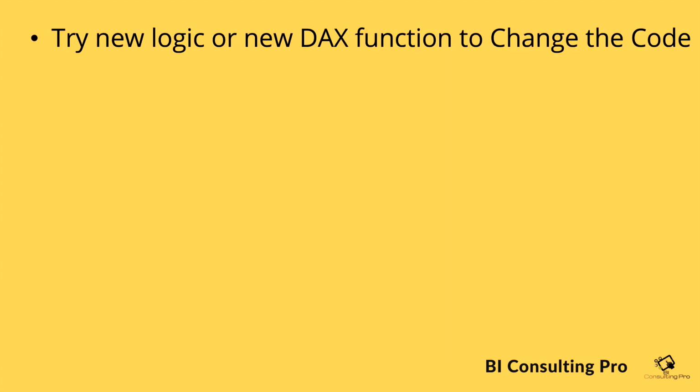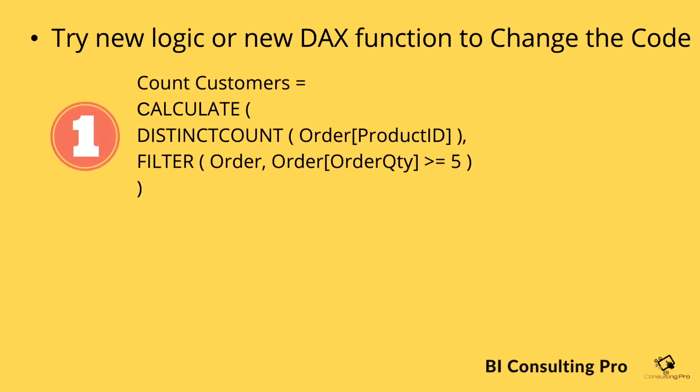As I just mentioned, always try a new logic or new DAX function to change the code if your DAX is not performing well. For example, you see this code where I'm going to count the customers, and initially I'm using CALCULATE, and inside that DISTINCTCOUNT, and over here I'm also using a filter.